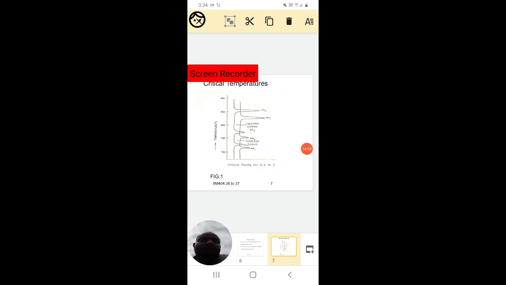The critical points obtained in cooling are slightly lower than those obtained in heating. The critical points for cooling are designated by Ar1, Ar2 and Ar3, and the letter r comes from the French word refroidissement, meaning cooling.